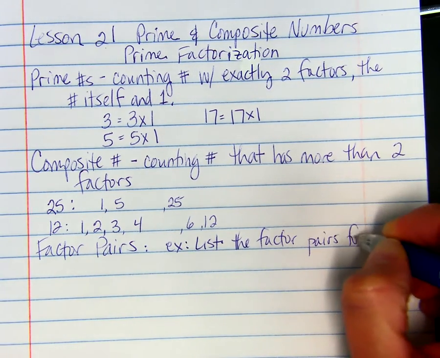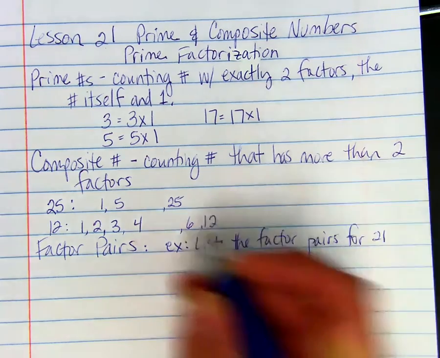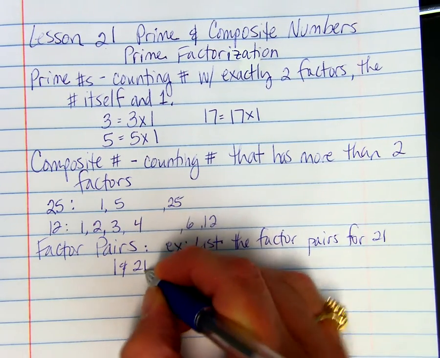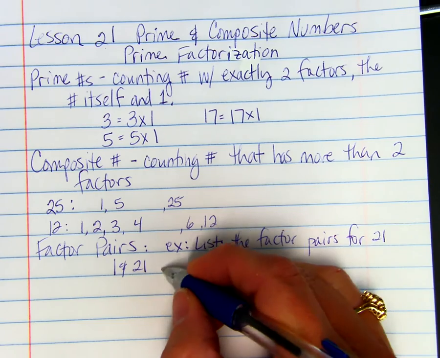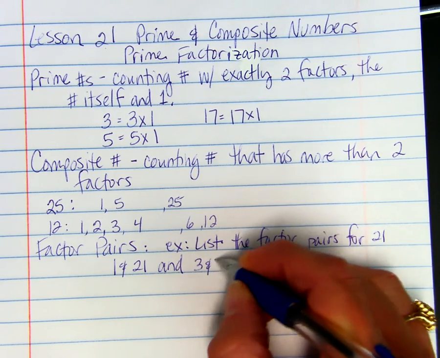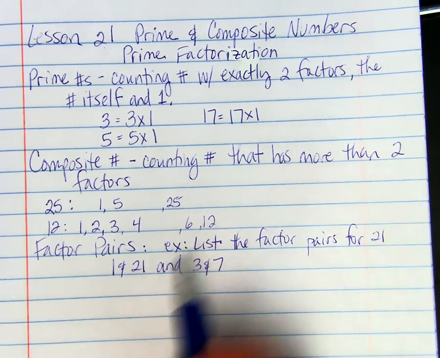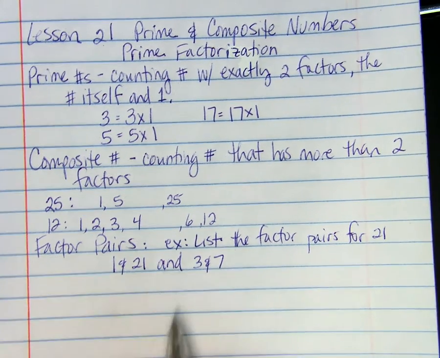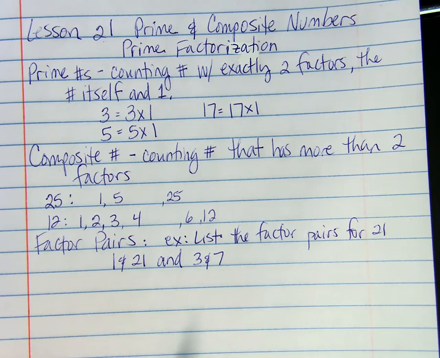We're going to do 21. So 1 and 21 is a pair, and 3 and 7. So these are the factor pairs for 21.